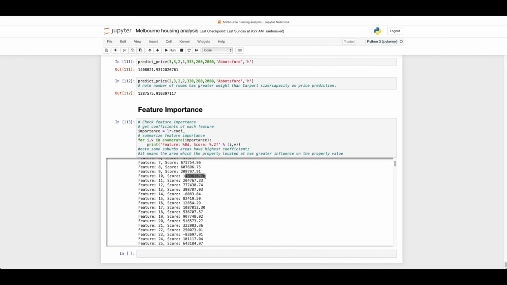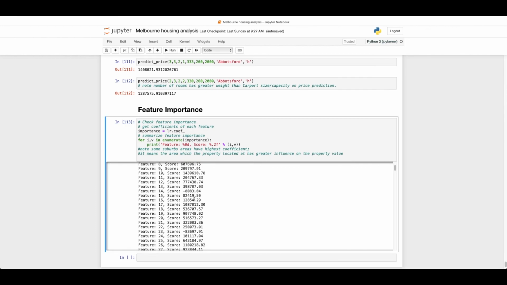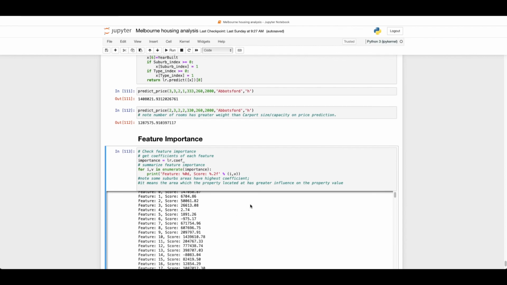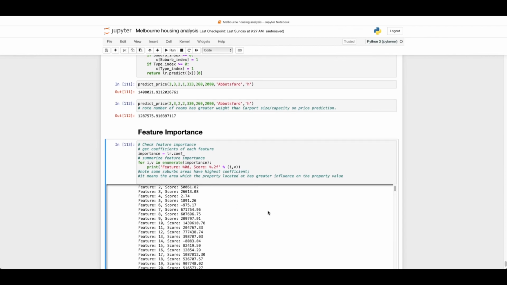For example, this one, they have a much higher coefficient than the first 3 or 4, right? So it means the location is big. It has a much greater influence on the property value.